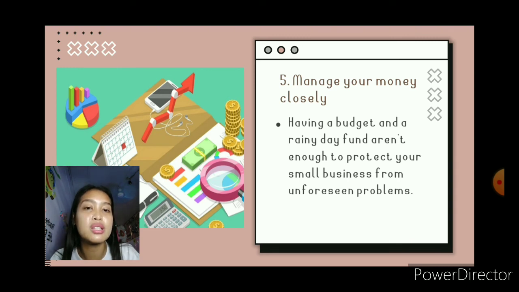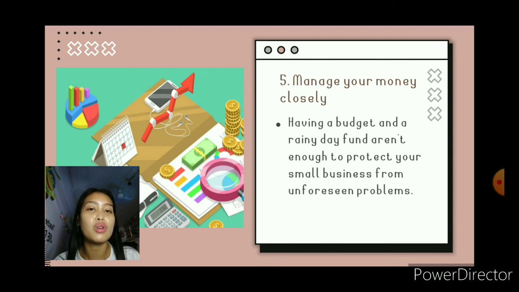For example, if you have a business, you need to set aside money so that you will not have problems if ever these problems occur. So you need to have reserve money, or financial reserves. Introduce pre-approval of actions and transactions, and review organizational performance regularly.